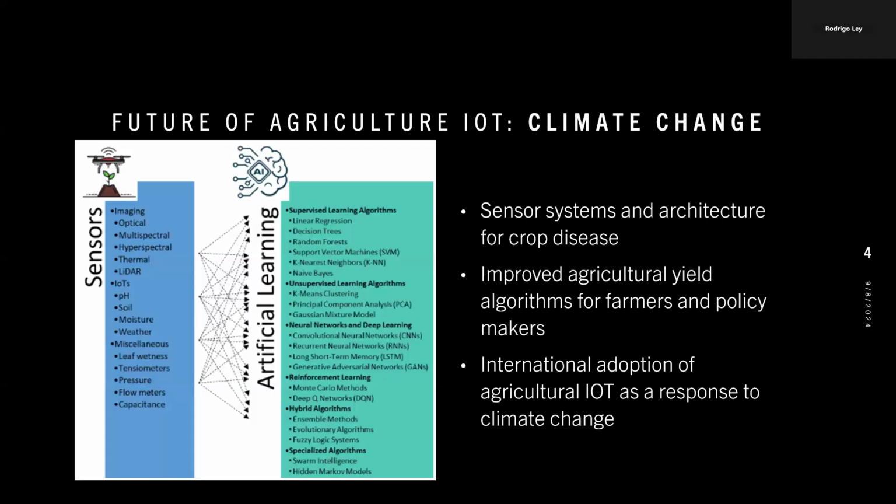Finally, we noted that there are several pilot projects and research papers that see agricultural IoT, smart farming, etc., as a response to climate change. One example was the use of smart farming in Cyprus. Another was surveying Thai farmers to see what their sentiment was towards farming practice and climate change.